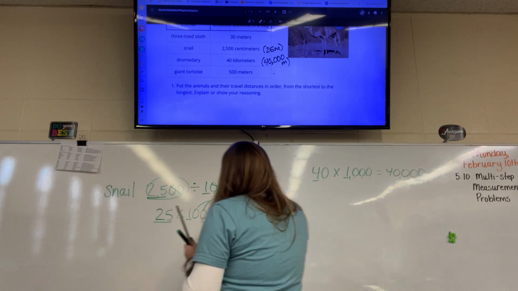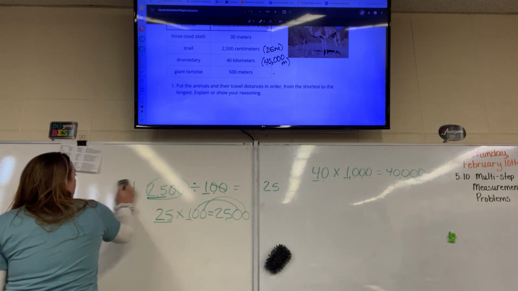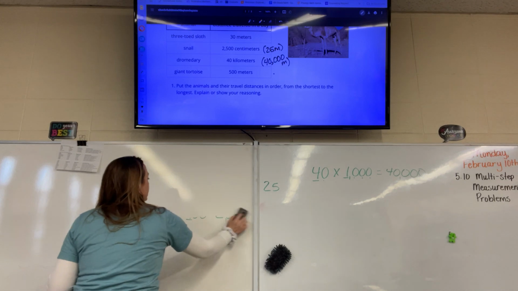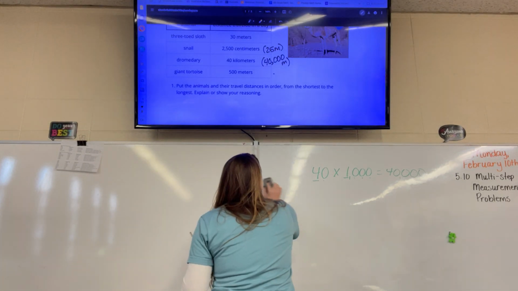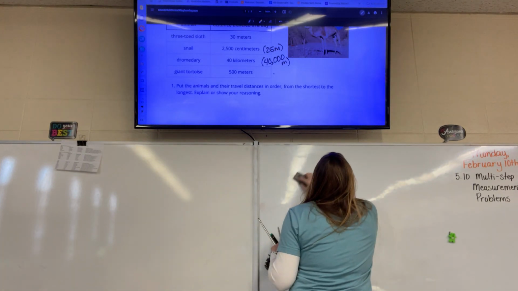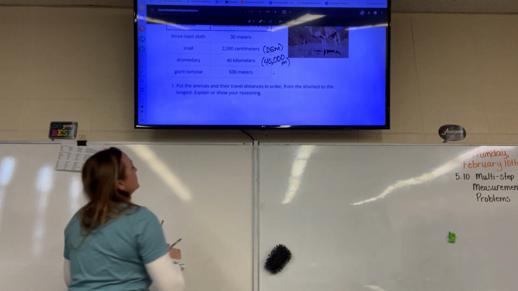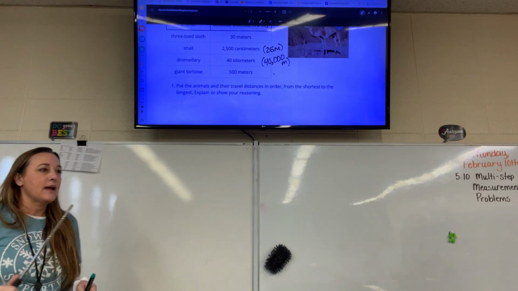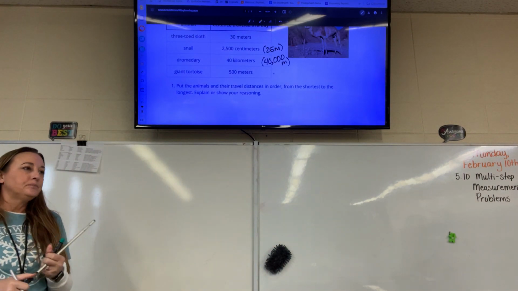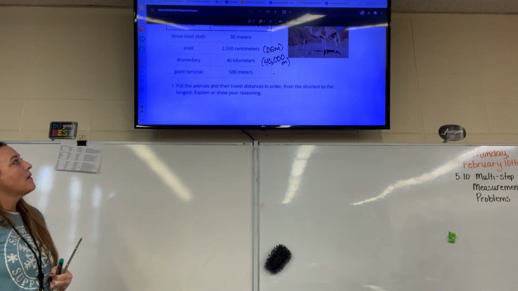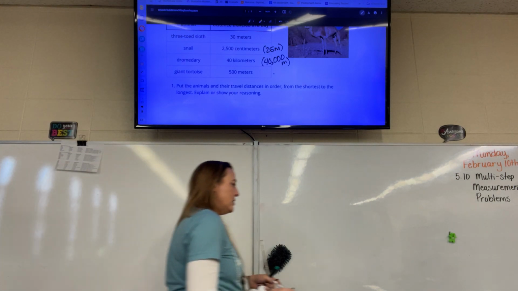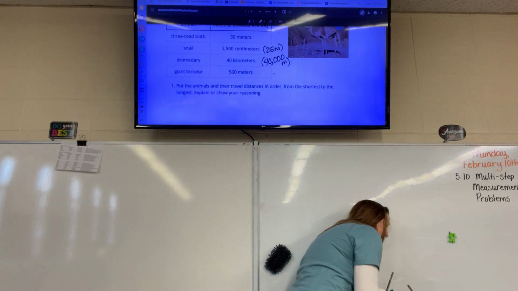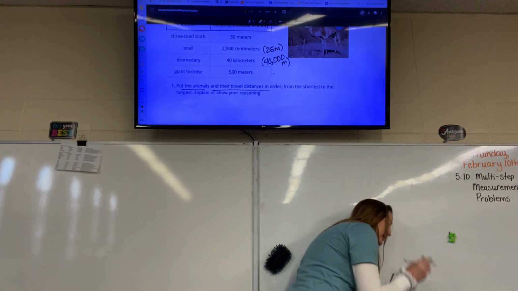Okay, now we can put the animals in order from least to greatest. So which animal travels the least amount, the shortest amount in a day? Colton? The snail. So that's what I want you to write first. It says put the animals and their travel distances in order from the shortest to the longest.